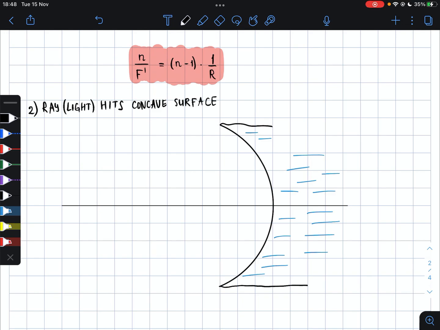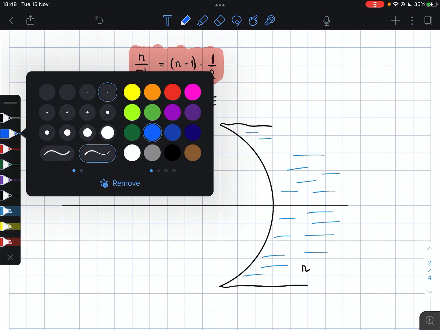Concave surface. The index of refraction of our surface is equal to n, and the index of refraction of outer space is equal to 1. We have one parallel ray.